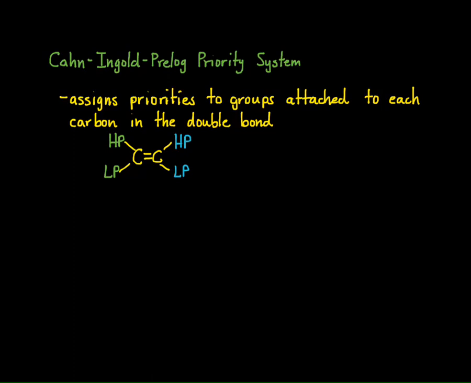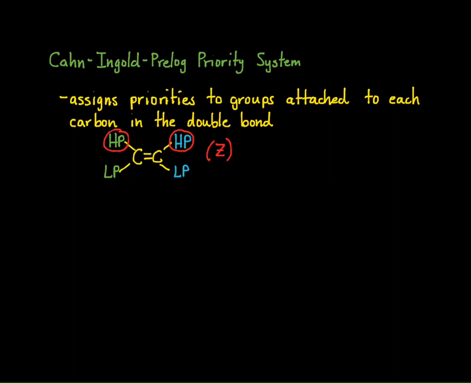Then I compare the relationship between the two high priority substituents, and I see that in this particular case, the two high priority substituents are on the same side of the plane of that double bond, and therefore it gets a Z designation.